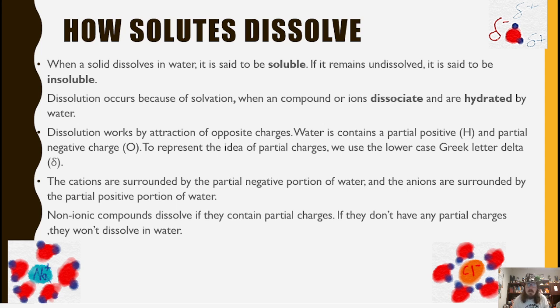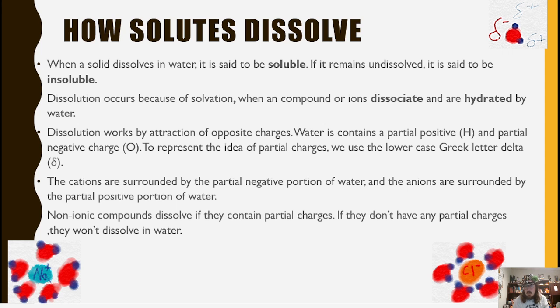But in this case, water orients itself to put the negative charges near the positives and the positives near the negatives. That water will naturally stick itself like a magnet to the atoms. The cations get surrounded by the partial negative of water, and the anions are surrounded by the partial positive of water.